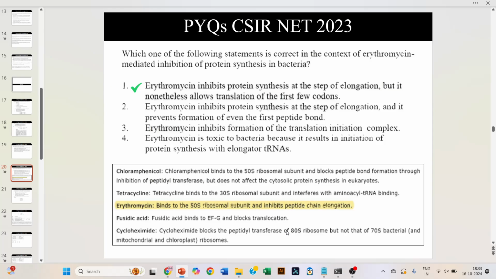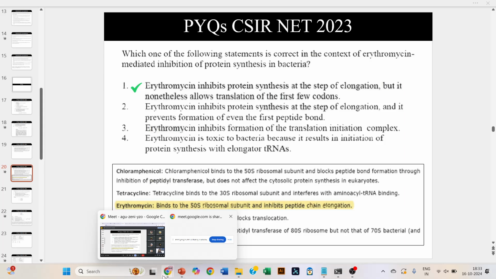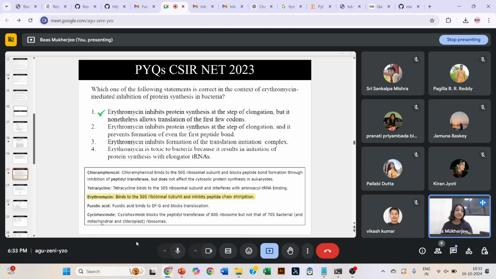Right, so the right answer is actually 1. Okay, so erythromycin binds to the 50S ribosomal subunit and inhibits the peptide chain elongation. So it nonetheless allows translation of the first few amino acids. Okay, so you have to read the statements properly and see these kind of things. Unless you practice, you cannot ever master, right?